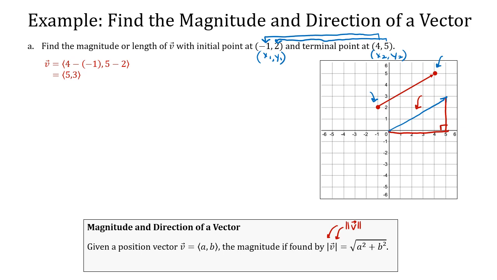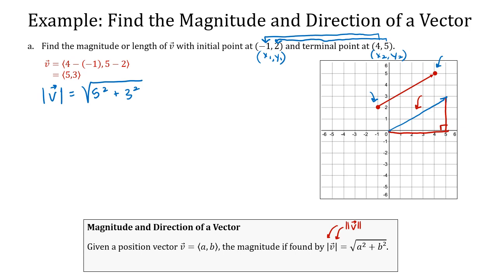All right? So here's what I'm going to say. To find the magnitude of vector v, I'm going to say that the magnitude of vector v is equal to, this comes from the Pythagorean theorem, I'm going to take the length of the first leg, which is 5, and I'm going to square that, and I'm going to add that to the length of the other leg, which is 3, and I'm going to square that, and then I'm going to take the square root of it.